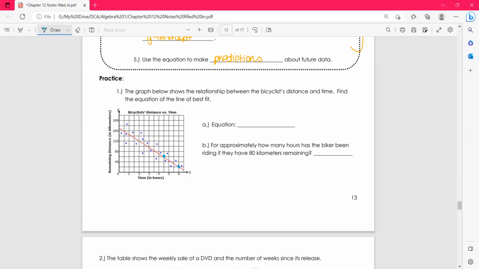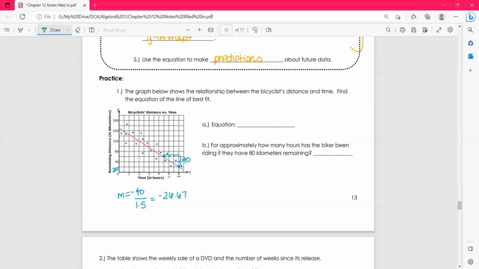When I do rise over run, notice this is by 20s here. So I'm going 20, 40 is my rise. And it's a negative slope. And then I'm going to run, and watch our units. This is 1.5. Let's get a number for that. We can do that. 40 divided by 1.5 gives me negative 26.67.